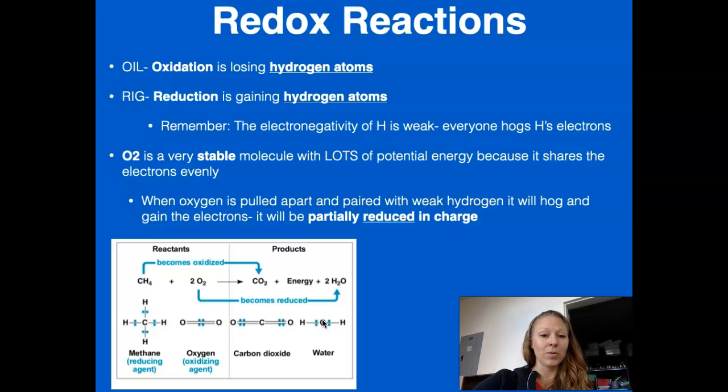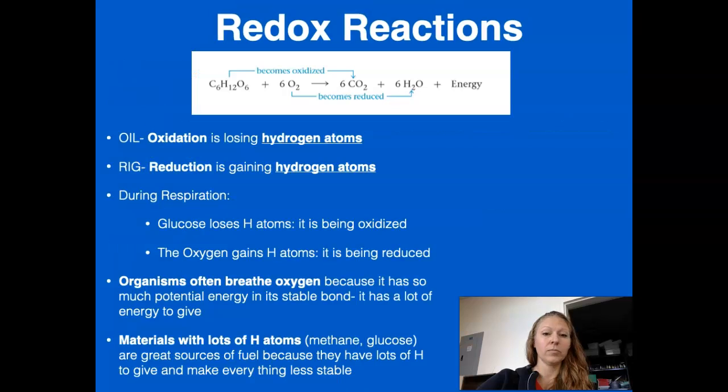And so remember that oxidation is loss, but now this oxygen is being reduced because it is gaining hydrogens. It's gaining those weak hydrogens, and so therefore it is gaining these electrons because the hydrogens can't hang on to those electrons. And so the oxygen has been reduced to water in a partial charge. So glucose loses hydrogen atoms.